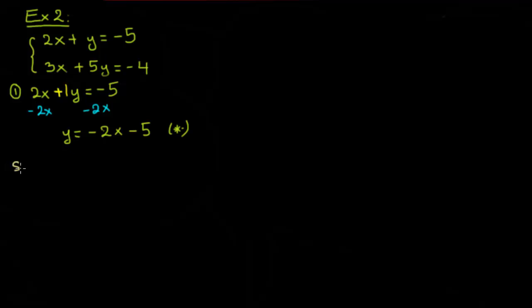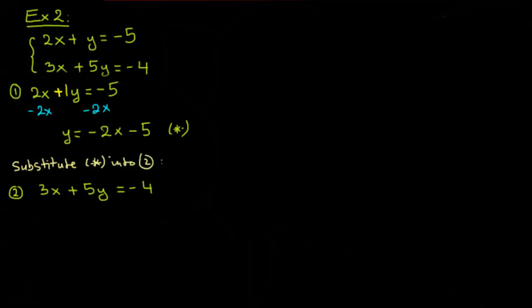So my next step is to substitute the star equation into the second equation, since we used the first equation to solve for y. On the second equation, we have 3x plus 5y equals -4.